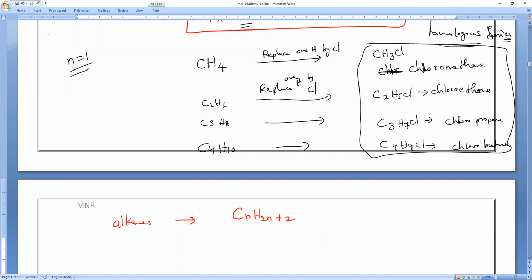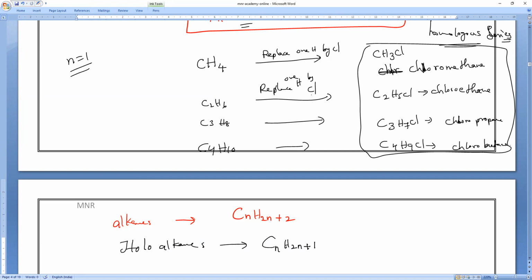So now for the haloalkanes, the general formula: we are replacing one hydrogen. So can we do minus 1 here? Instead of plus 2, can I write plus 1?